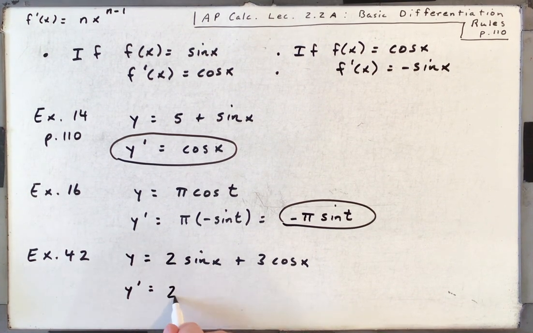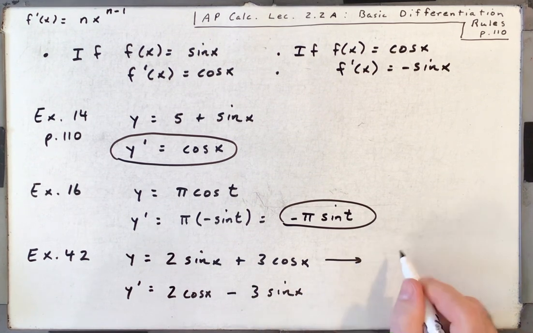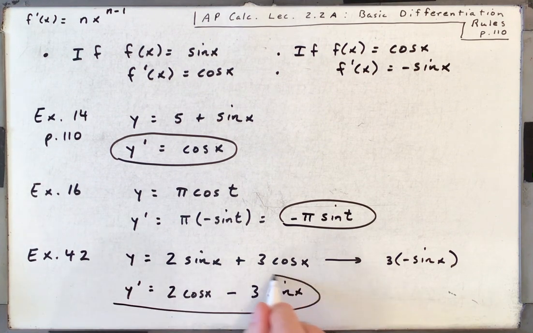Well, that's just 2 cosine x. And then 3 times the derivative of cosine. So 3 times negative sine x. That'd be minus 3 sine x. Again, that's going to be 3 times negative sine x, right? I'm going to bring the negative out front, and that'll make it a minus there. And that's all there is to it.